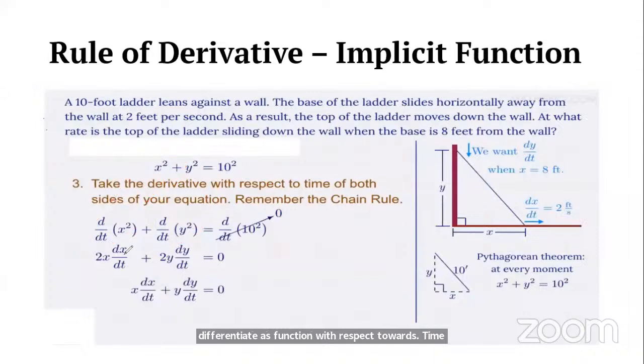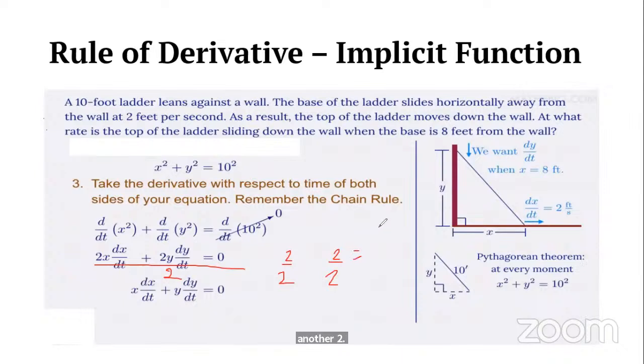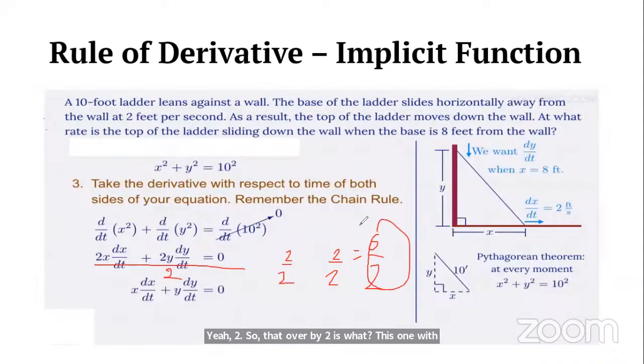Now, the next stage is that you just have to rewrite your equation. Because you have 2 here and you have 2 here, you just have to divide through by 2. If you divide through by 2, you see that you have 2 over 2 here, and another 2 over 2, equal to 0 over 2. 0 over 2 is still 0.